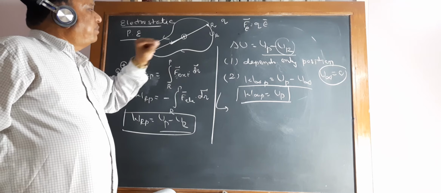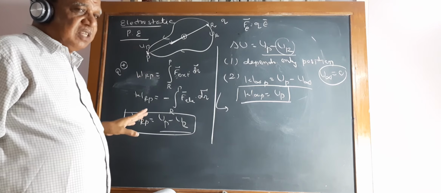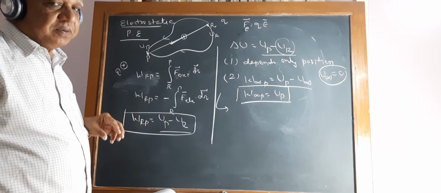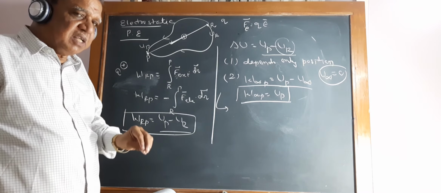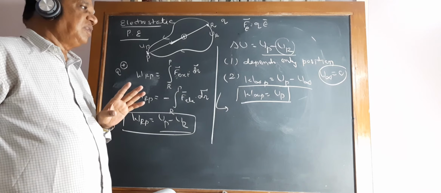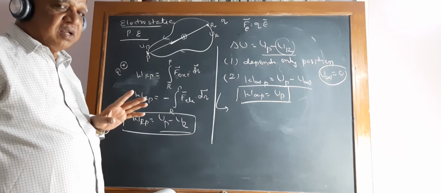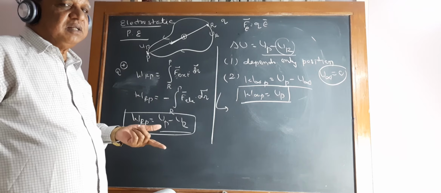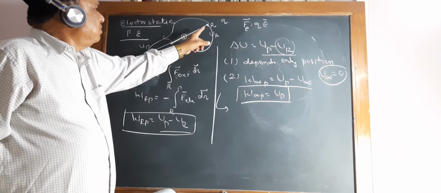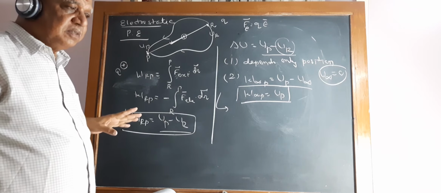Potential energy difference between 2 points can be defined as work required to be done in bringing a test charge q against electric field from first point to another point.